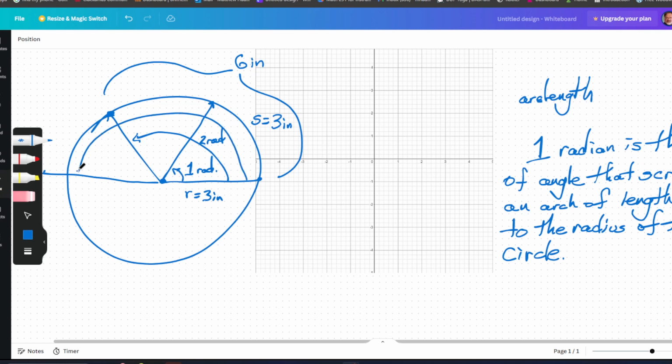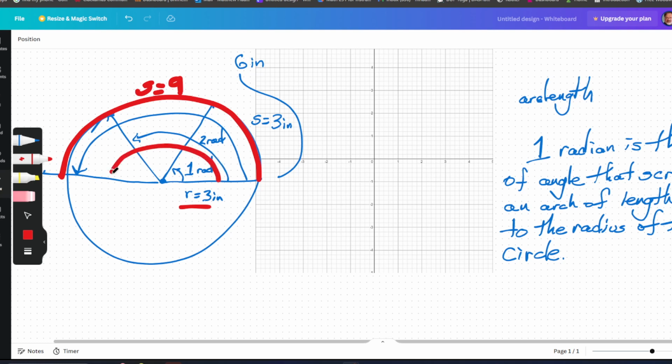This angle, if this arc length here was 9, and this radius is still 3, then this big angle from there to there is 3 radians.